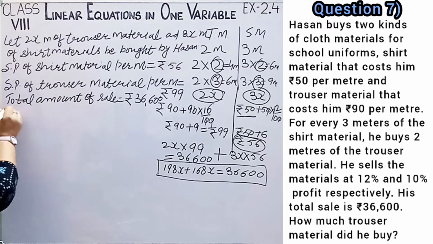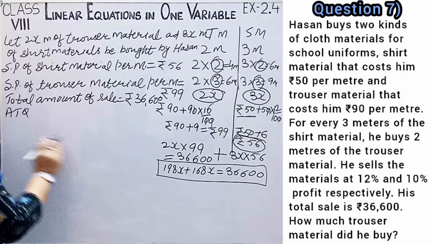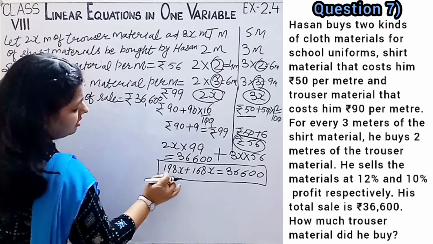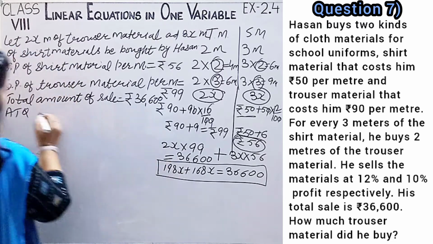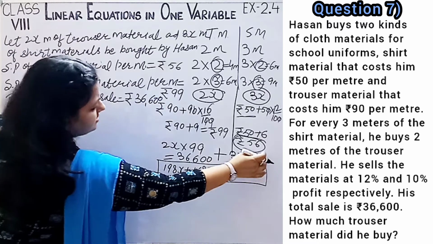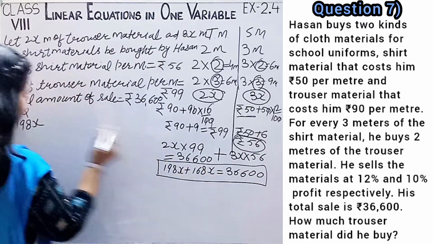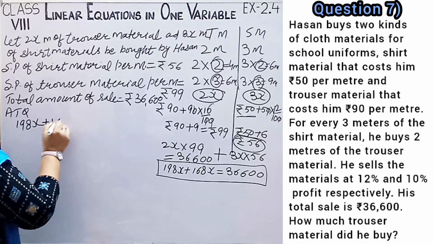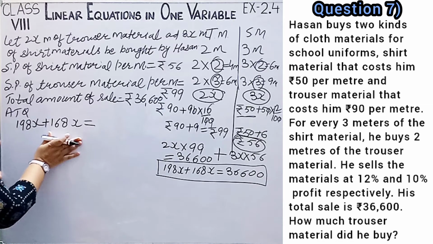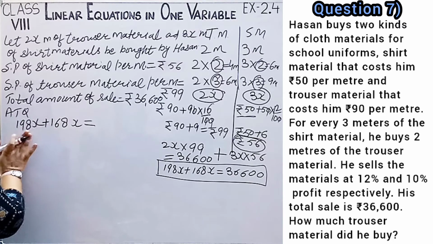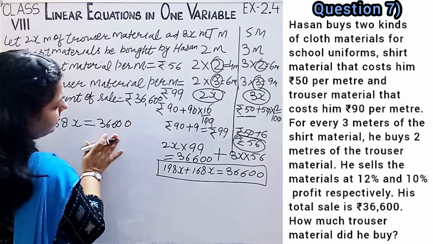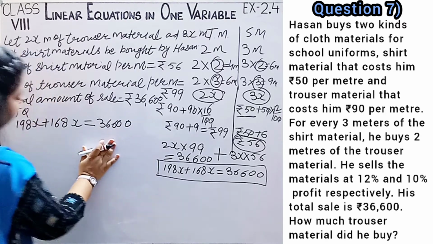According to our question, 2x into 99, we got 198x, and after that 3x into 56, we got 168x. Why are we adding? Because total material means total material for shirt and trouser, 36,600. We are calculating it now.